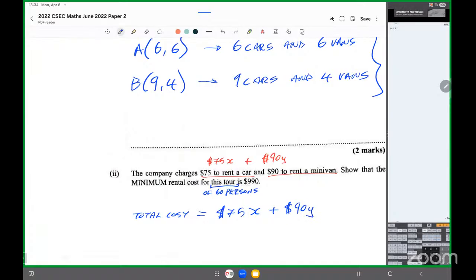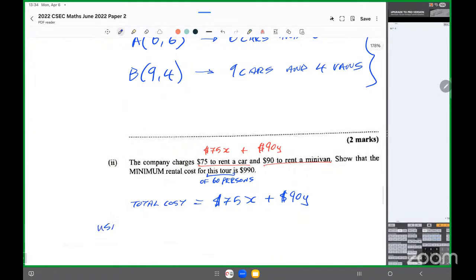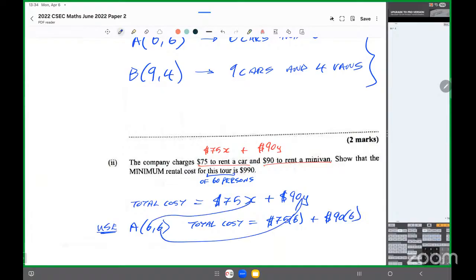Now if you use combination A, 6 and 6, then the total cost would be $75 times 6 plus $90 times 6. We're using 6 and 6.